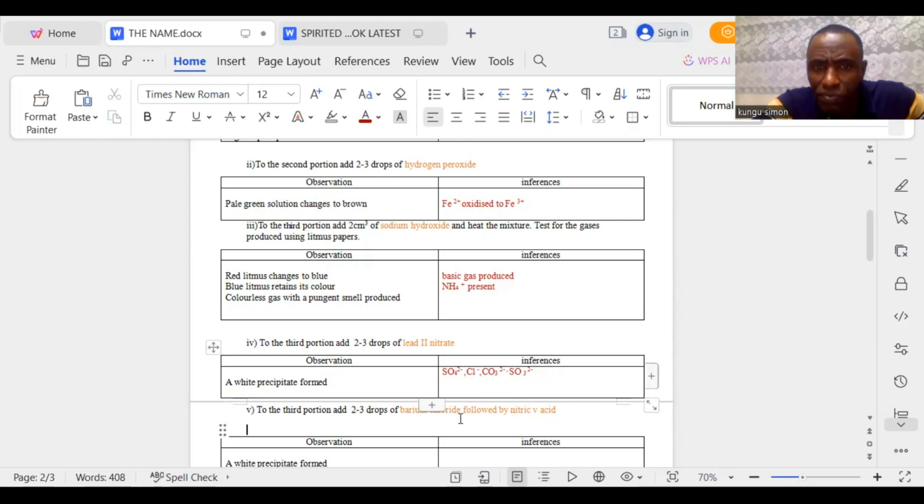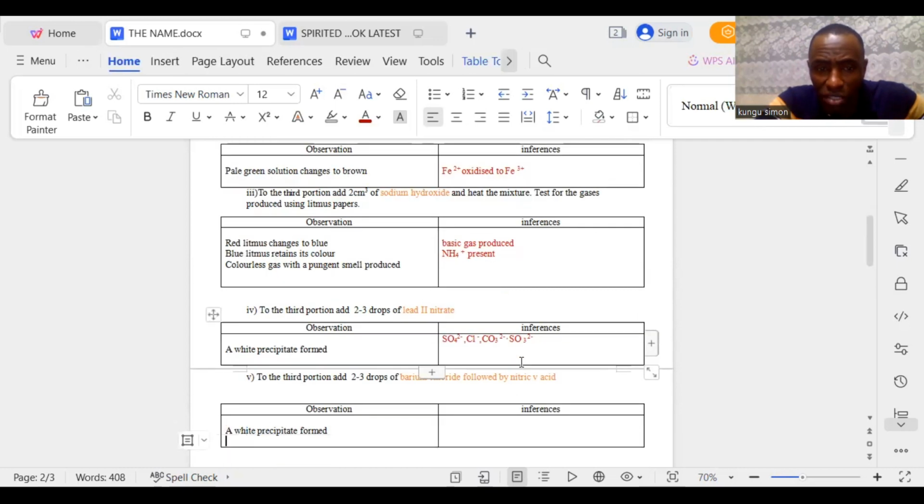That means that if we add barium nitrate, we form a precipitate, and this precipitate dissolves, then we can confirm that carbonate and sulfite ions are there. But if it does not dissolve, that will mean that the sulfate is confirmed. That's what we're talking about.